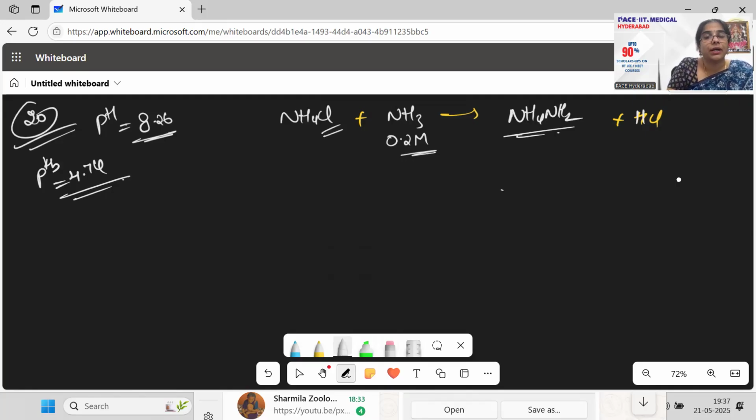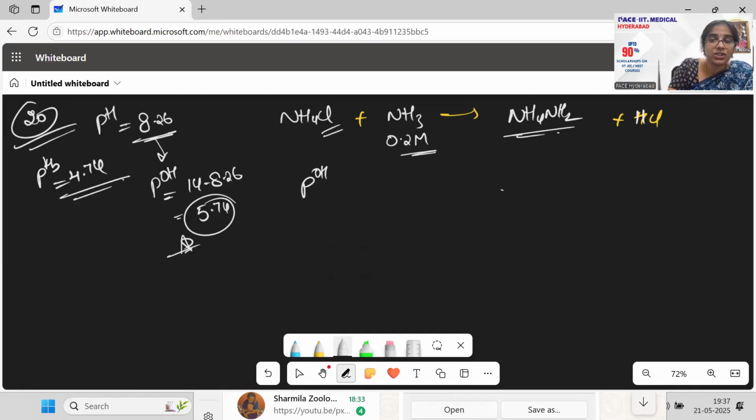Now pH, pKb is given to me. Let us bring out my pOH. pOH is equal to 14 minus 8.26, which is 5.74, my pOH value. Now pOH is equal to pKb plus log of salt concentration by base concentration.